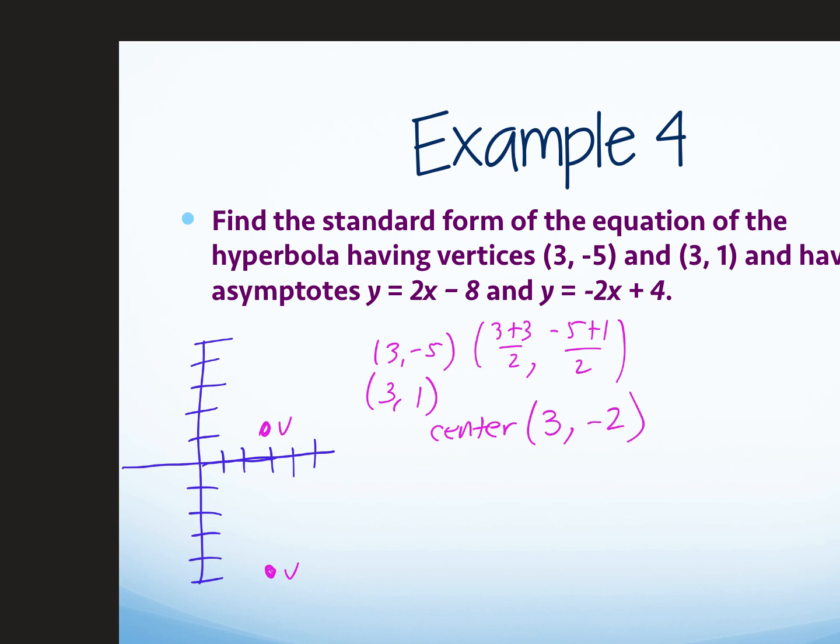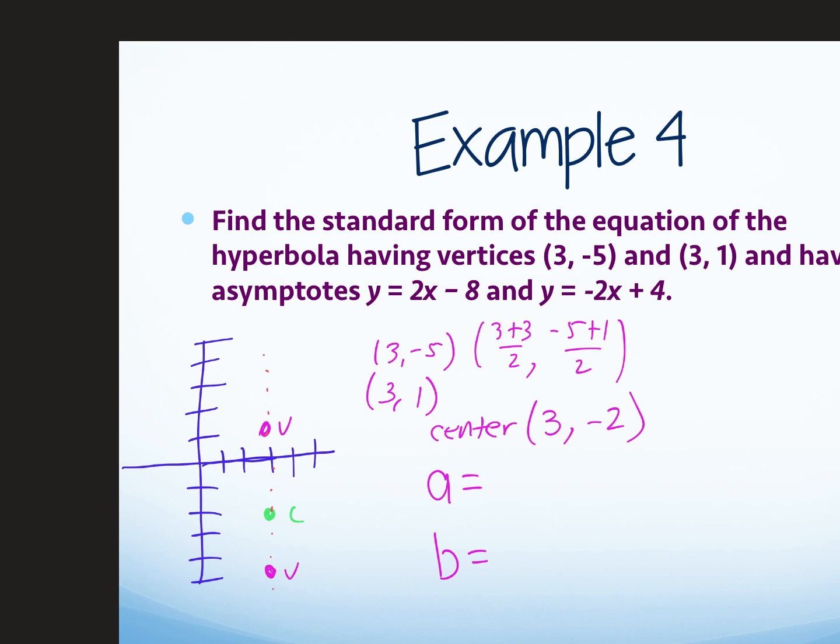All right, I have my H and my K. I have my center. Awesome. Now the other two values I need are my A value and my B value. Let's plot our center. It's at 3, -2. That's my center. What kind of hyperbola do I have here? I know it's vertical. All the major information is along a vertical line, correct?